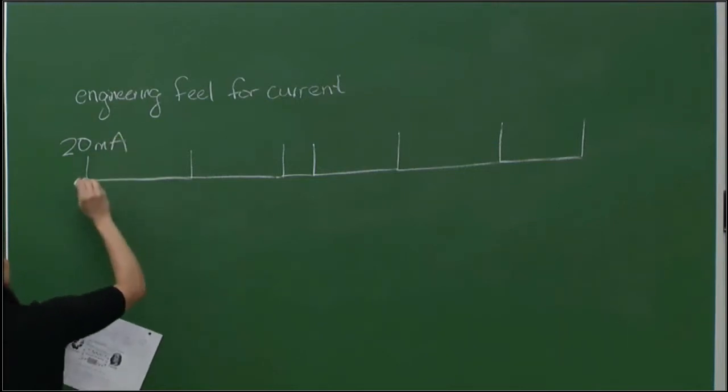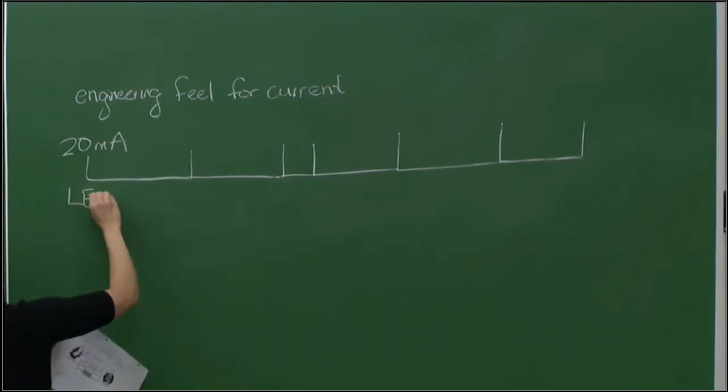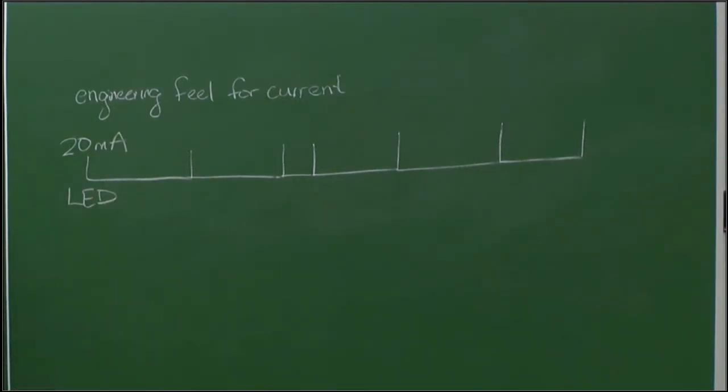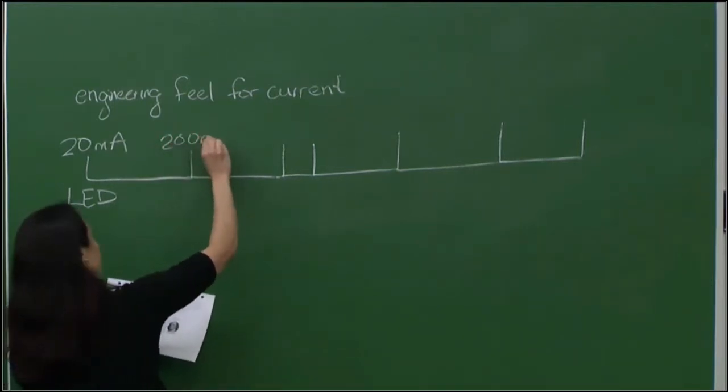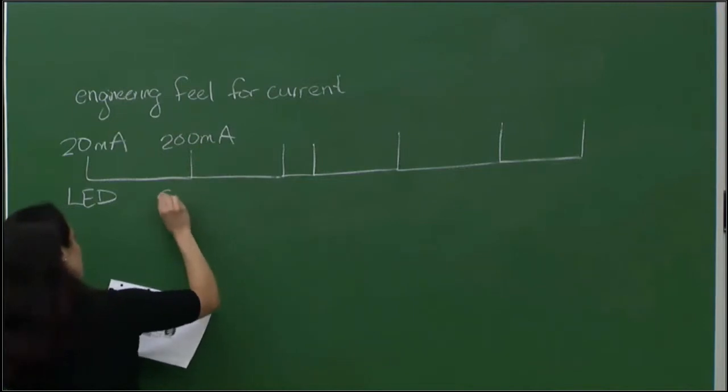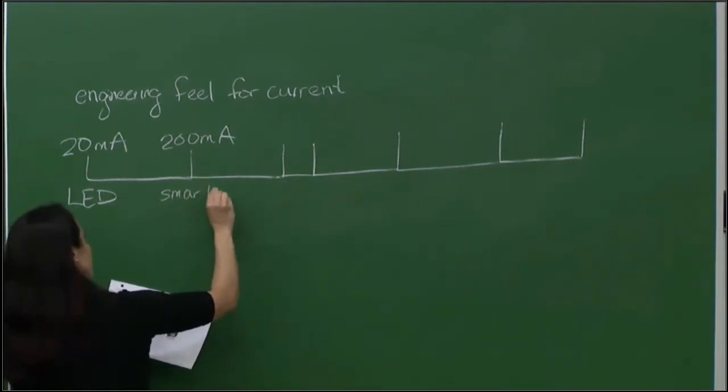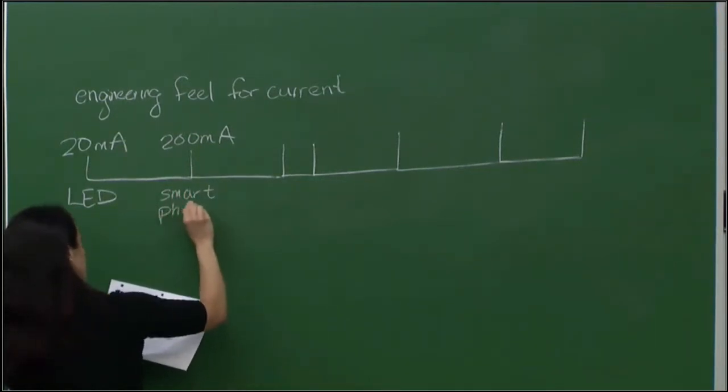So 20 milliamps is the level of a little LED light. You have LED lights all over the place. They use less current, they don't heat up too hot. So you start to get an engineering feel for things. You need about 20 milliamps going through an LED. If you're surfing the internet on your phone during my class, you're using about 200 milliamps to run that thing.